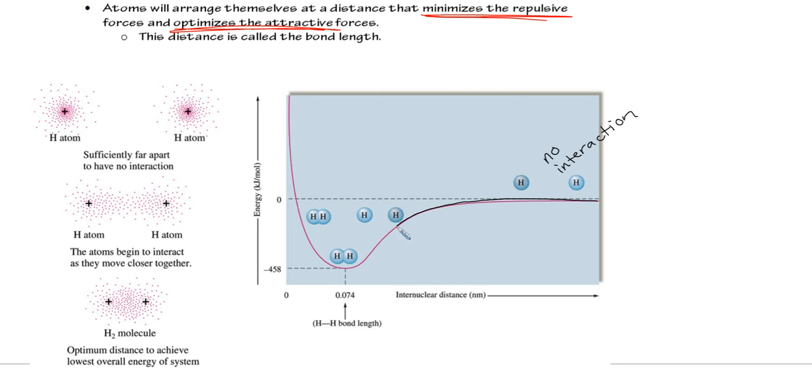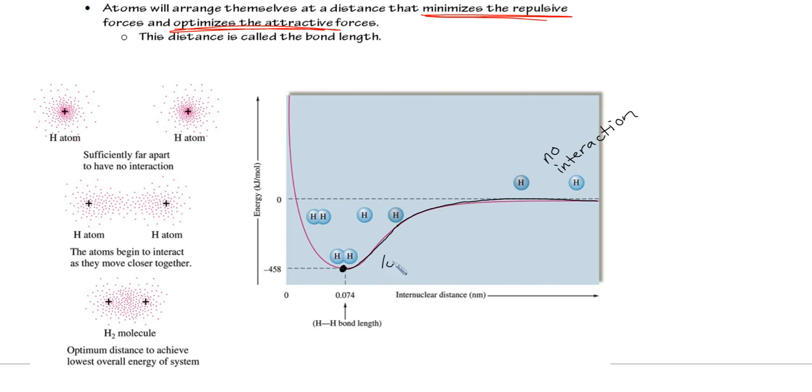Okay, so we have to find this perfect distance where we optimize the attractive forces and we minimize the repulsive forces. That perfect distance should occur at the lowest energy level.